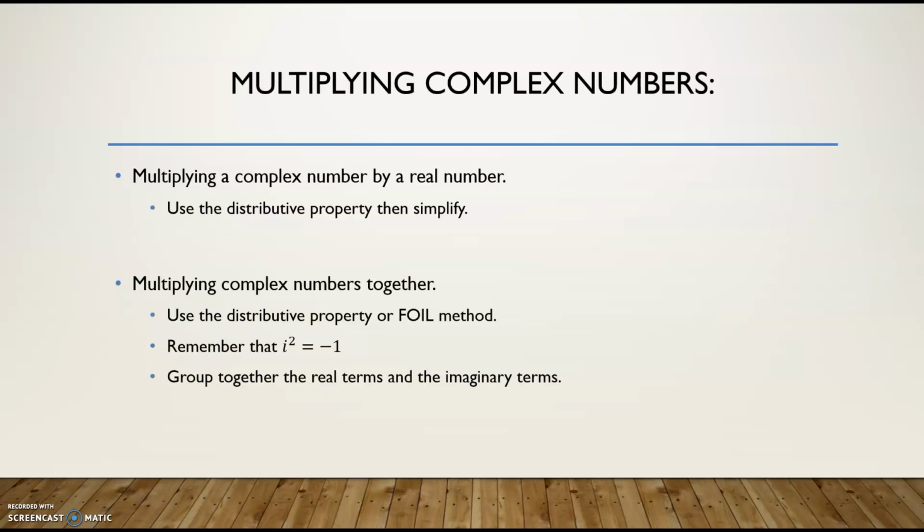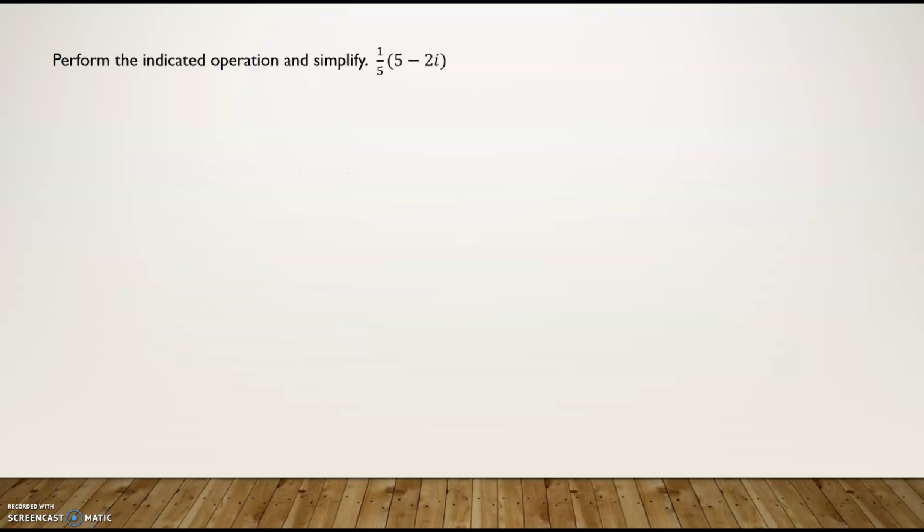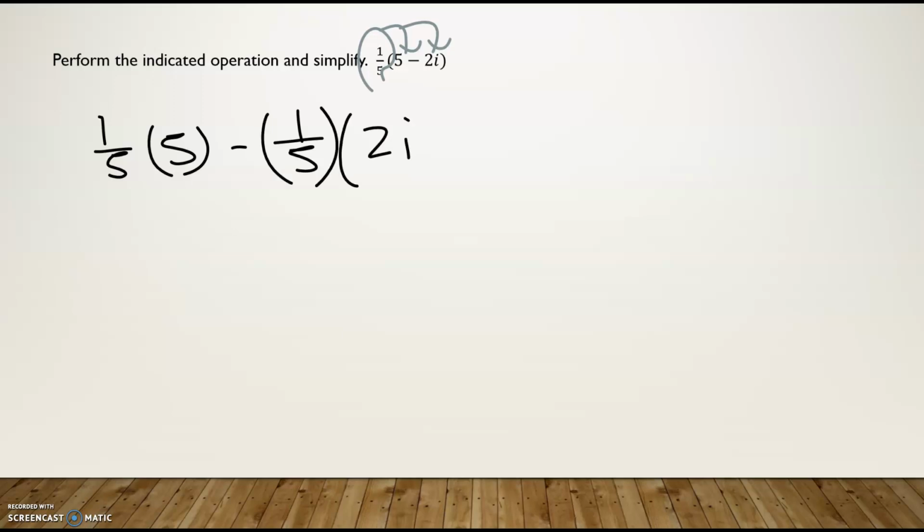So first off, let's look at the first case, multiplying a complex number by a real number. So 1/5 times 5 minus 2i. So all we need to do is to distribute this 1/5 to the 5 and to the -2i. So 1/5 times 5 minus 1/5 times 2i.